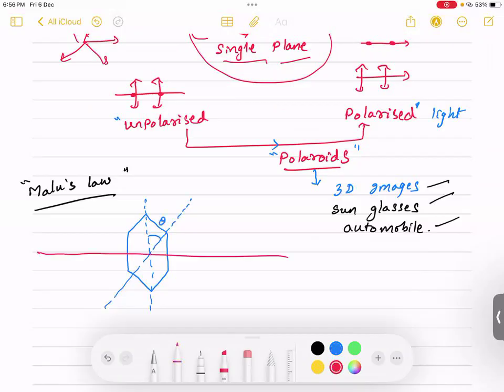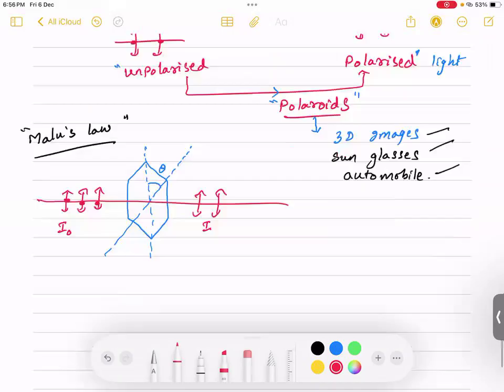If I incident unpolarized light, after the first Polaroid it will get polarized, right? Then the intensity of this emergent polarized light will be I naught by 2 cos square theta. You use I naught by 2 when the incident light is unpolarized.